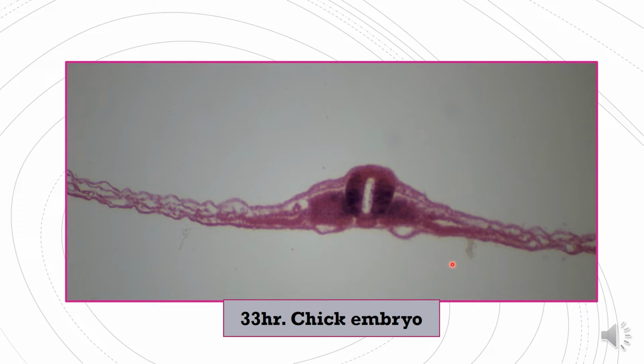In the same slide, more posteriorly, you can see the neural fold close to forming the neural tube. This is the neural tube. Ventral to the neural tube is the notochord.